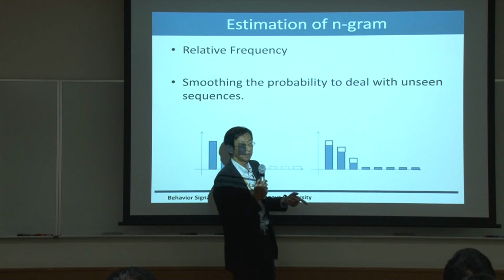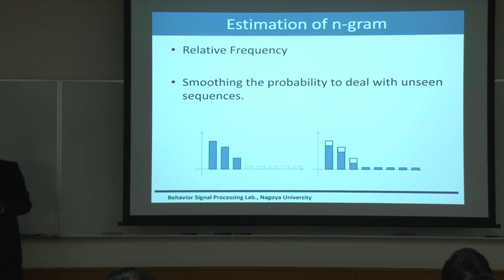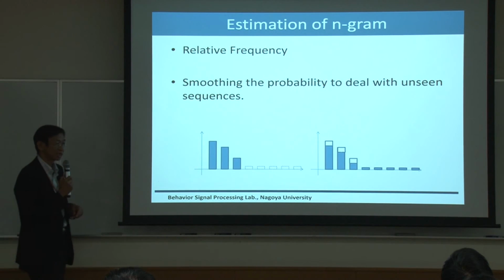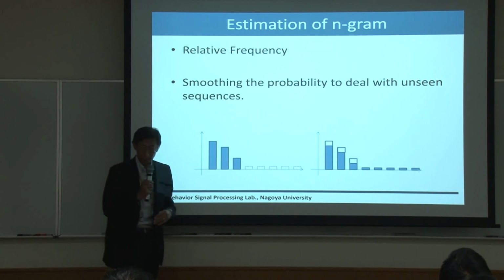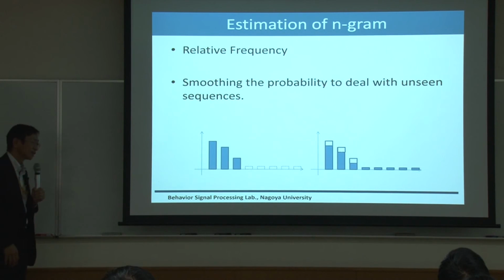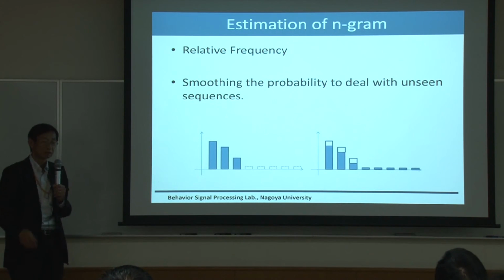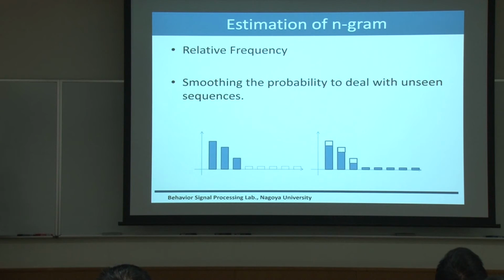This is a very good way to extrapolate the probability, and it gives you a very reasonable guess of the probability of the unseen data. This is a small topic, a kind of tip, but if you are interested in this idea, please search Google for probability interpolation, or things like that.